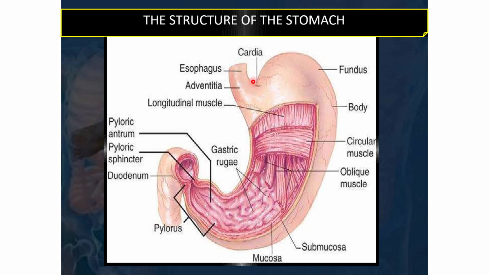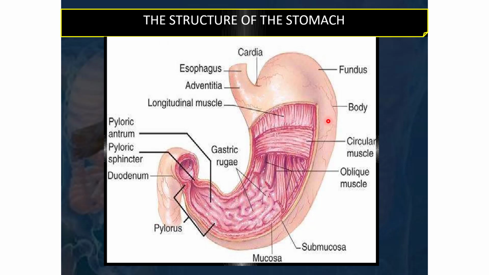This is the cardiac end of the stomach, and this area which has bulged upwards from the cardioesophageal junction: if we draw an imaginary horizontal line at the cardioesophageal junction, some area of the stomach is above this line, and this is called the fundus of the stomach.